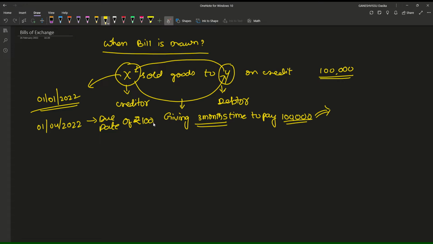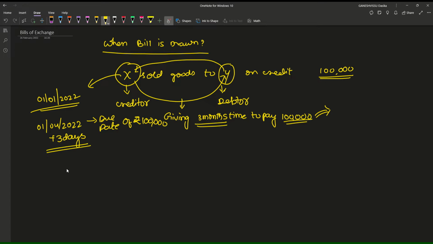But if a bill has been accepted or drawn, then plus 3 days we would be adding. This is only for a bill or promissory note, but for a cheque it is not required.